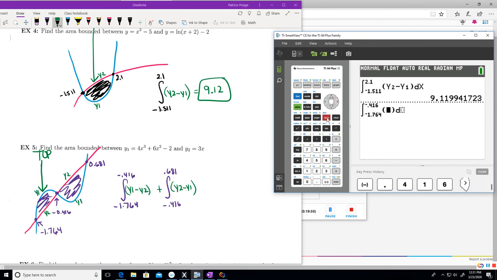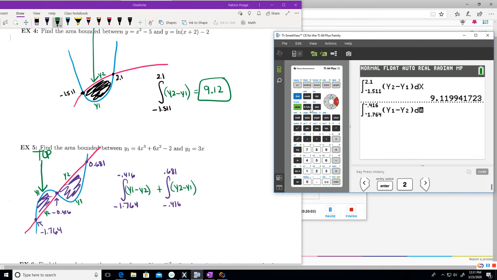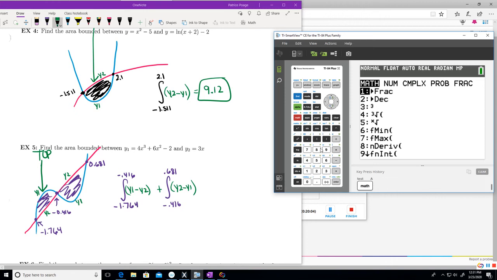This is going to be vars, Y vars, function y1 minus vars, Y vars, function y2 with respect to x. And instead of hitting enter, I'm just going to hit plus.